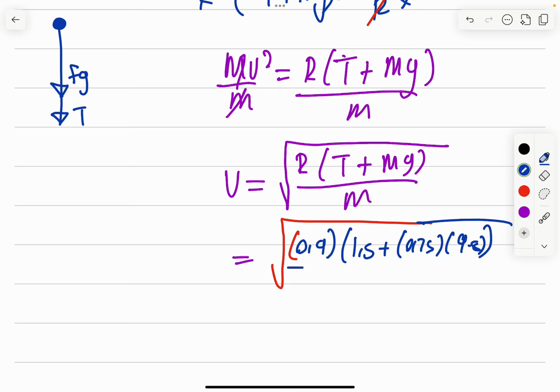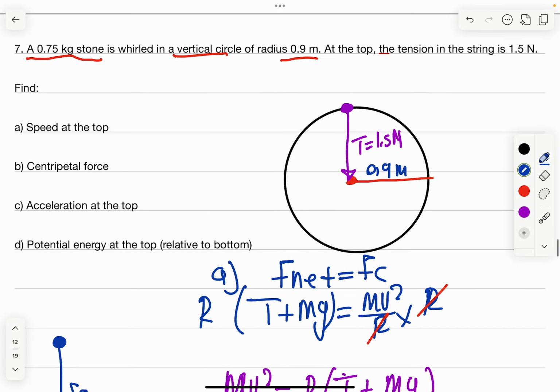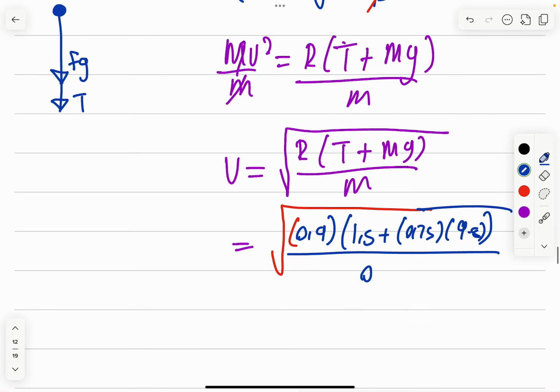Close the brackets, divided by the mass, 0.75.